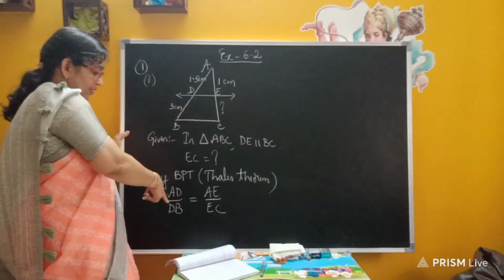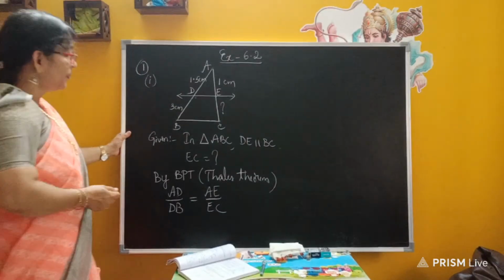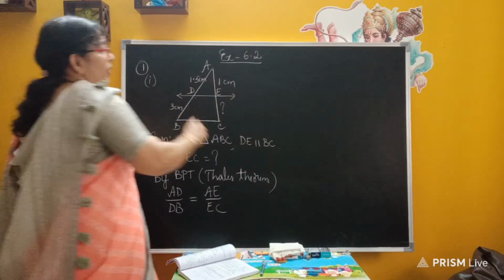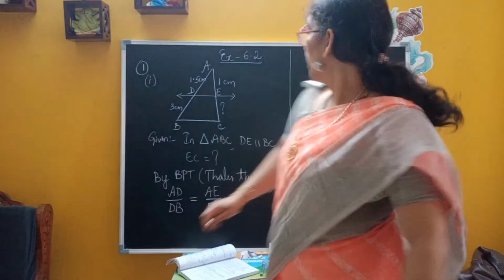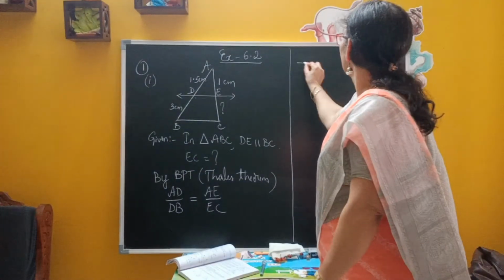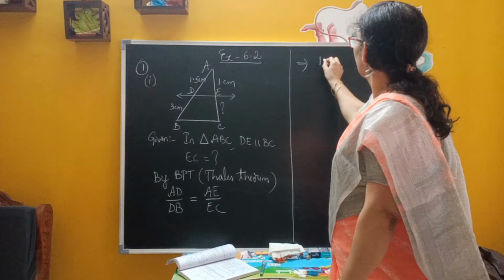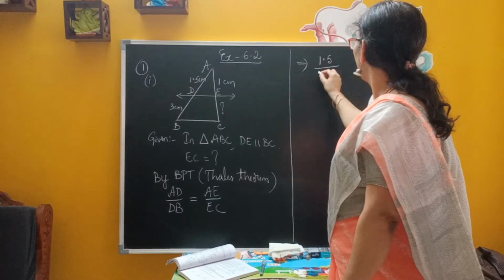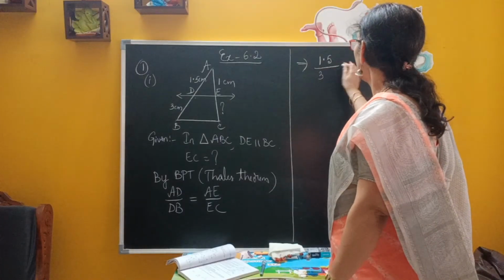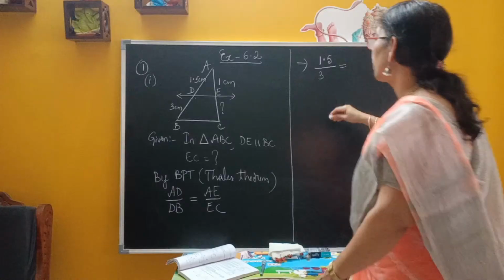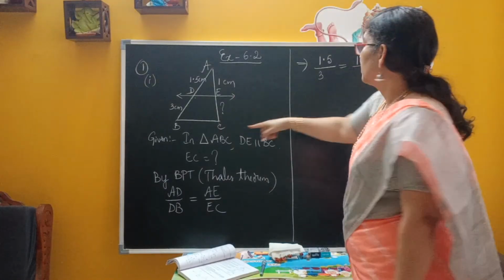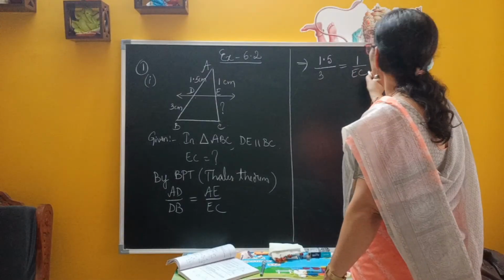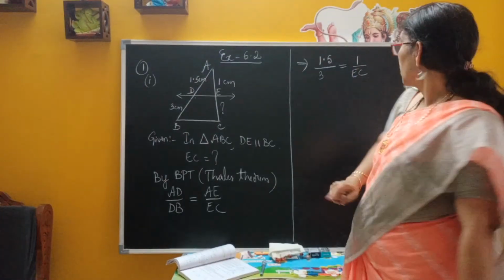All these measures are given, so let us substitute. In place of AD, we write 1.5 centimeter. This implies 1.5 by 3.0 is equal to 1 centimeter by EC.